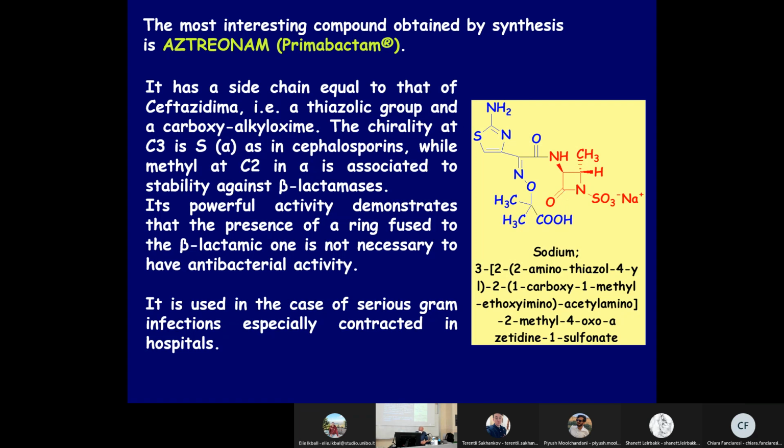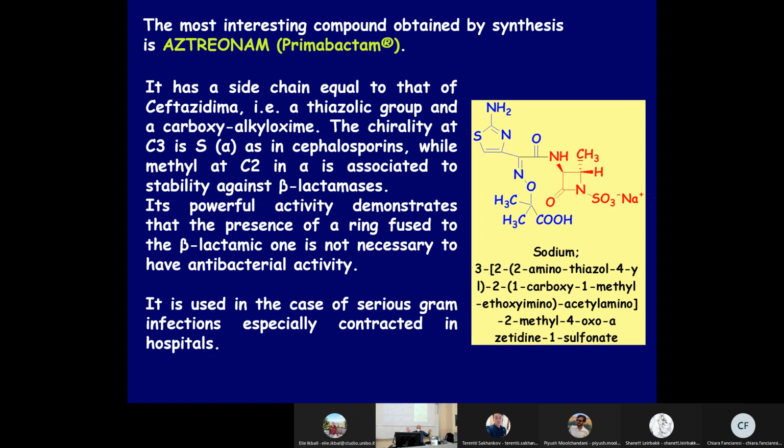So really, aztreonam is used only in hospital. It represents the only weapon that we have now against the resistant strains of bacteria. It was assembled from different pieces.